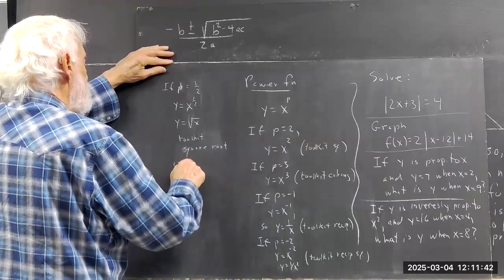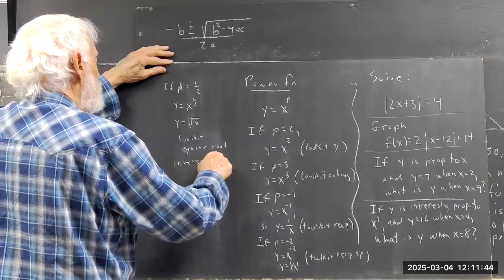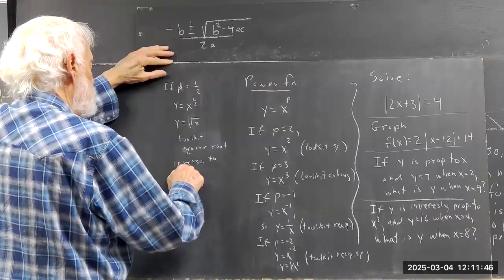The square root is a function that's inverse to the toolkit square.